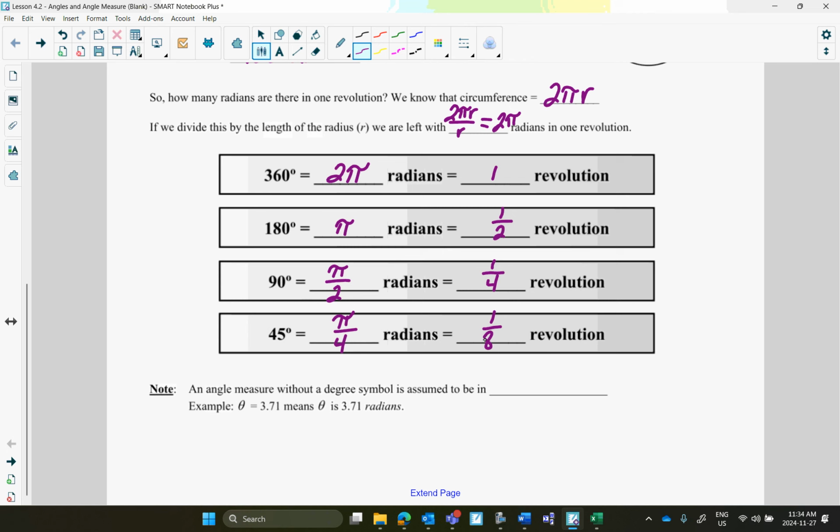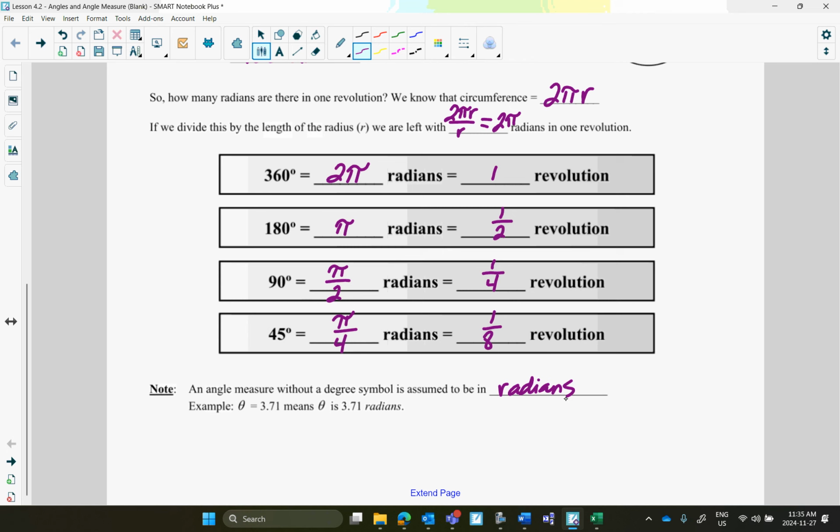One note here: when you write an angle measure, how do you know if you're writing in degrees or radians? Well, if you don't put the degree symbol, then we assume that you're saying that it's radians. So without the degree symbol is assumed to be in radians. So if you want 60 degrees and you write 60, you just told me 60 radians.